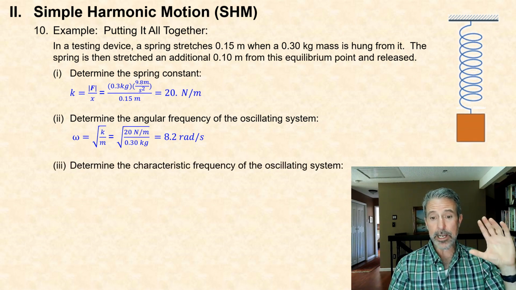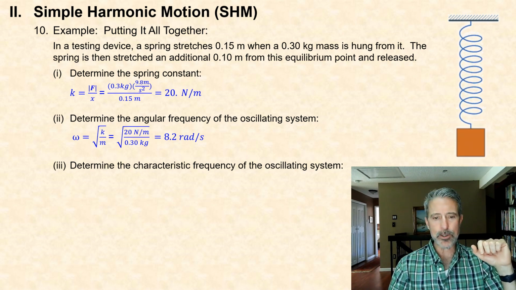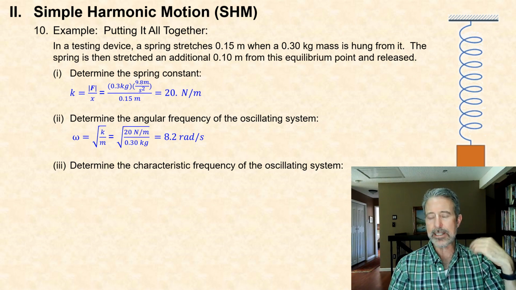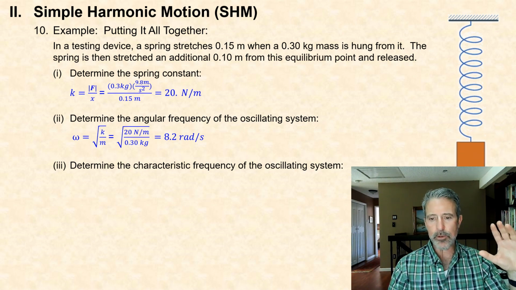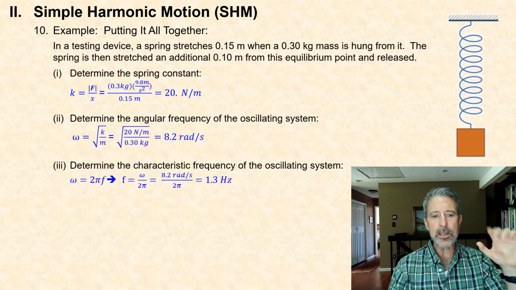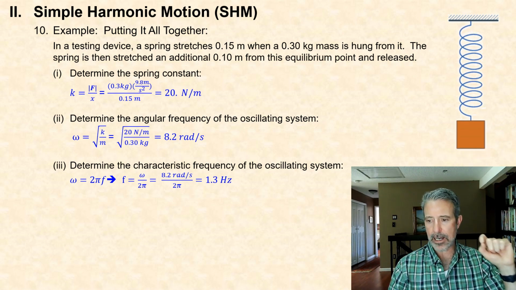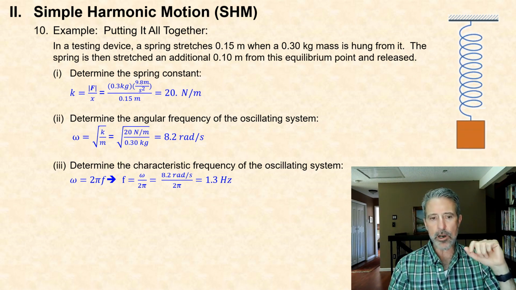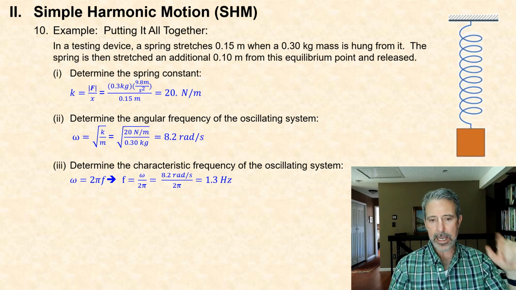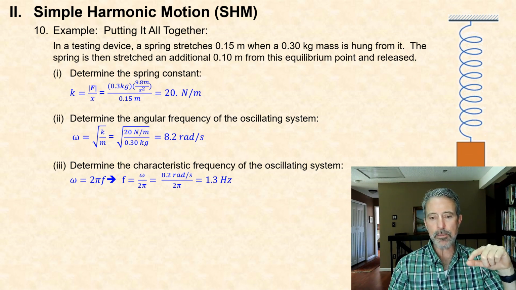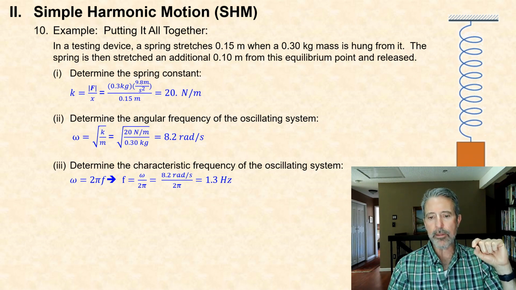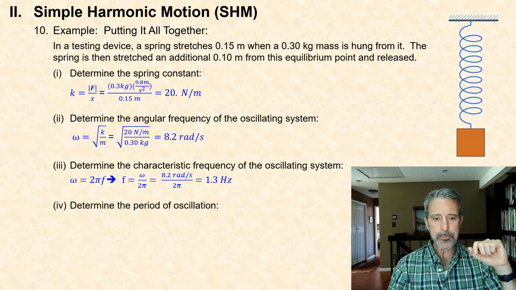Next, we're asked to determine the characteristic frequency of the oscillating system. We know that the angular frequency omega is related to the characteristic frequency by the factor 2 pi, that omega goes like 2 pi times f. Solving for f, that is the ratio of omega over 2 pi, given the fact that we know omega from part 2, 8.2 radians per second divided by 2 pi radians gives us a value of 1.3 hertz.